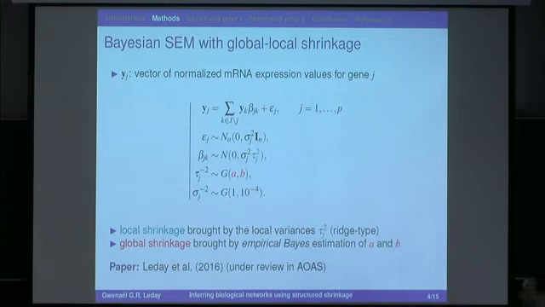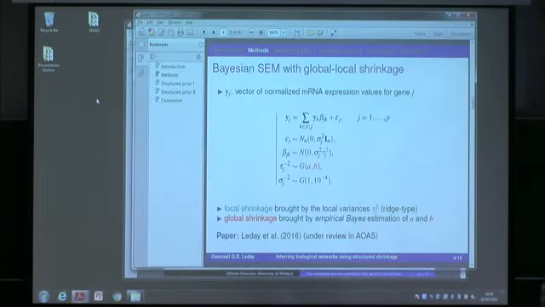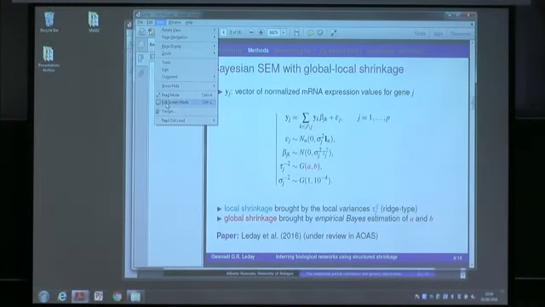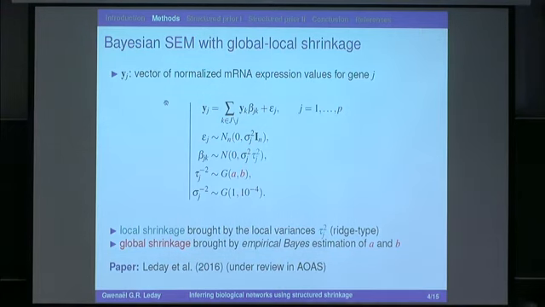So here's the model that we have proposed. Basically, it uses a simple normal gamma prior, and what's important here is that there is a local shrinkage. The local shrinkage is really the penalization that we make in the neighborhood of each gene.